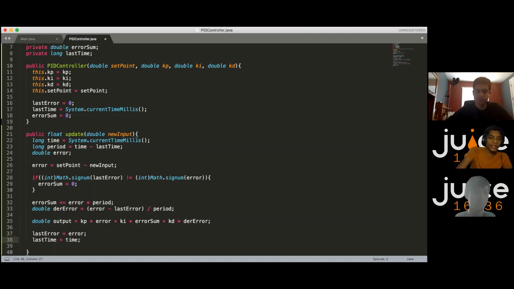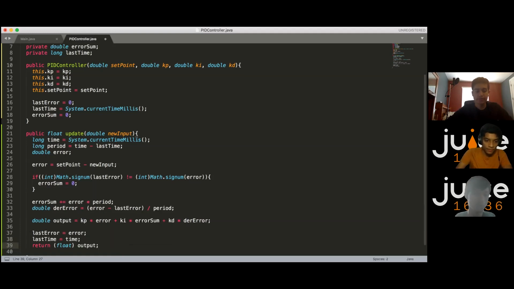And we do this at the end so that it doesn't mess up any of the calculations up here. The next time update is run, it'll be using the last values, if that makes sense. And then finally, we're just gonna return what our proper output value is. And that's the end of that function.